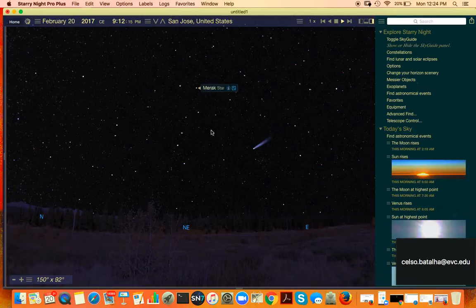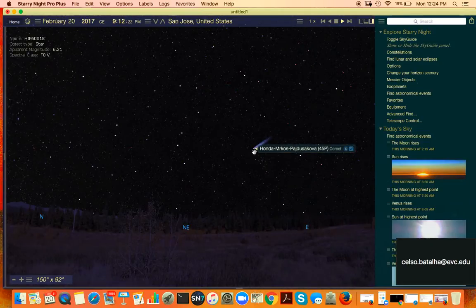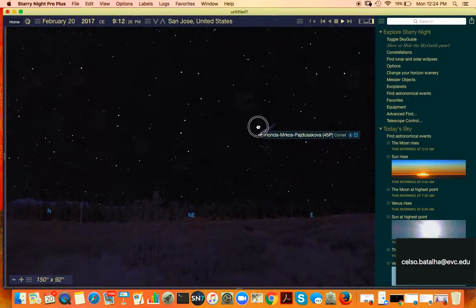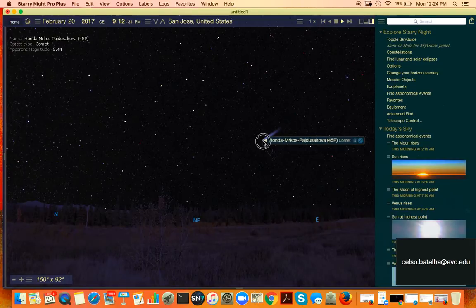You're due east, and at that time, 9/12, this comet is about 3/5, 30 degrees from your horizon, and about 30 degrees from the second star in the handle.